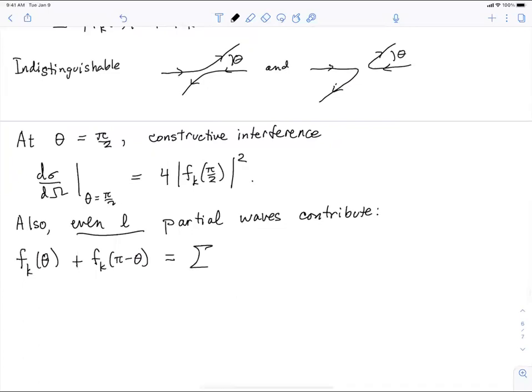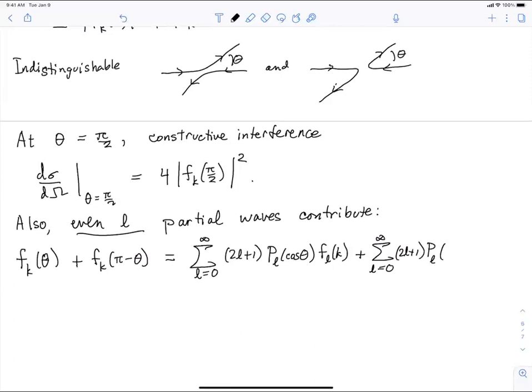Okay, and so the first one is a sum over all L's of 2L plus 1 times the Legendre polynomial of cosine theta. That's telling you that it's L angular momentum times some coefficients f_L of k. But then I'm supposed to do the same thing with pi minus theta. So it's actually got the same factors. And now it's cosine of pi minus theta here, f_L of k.